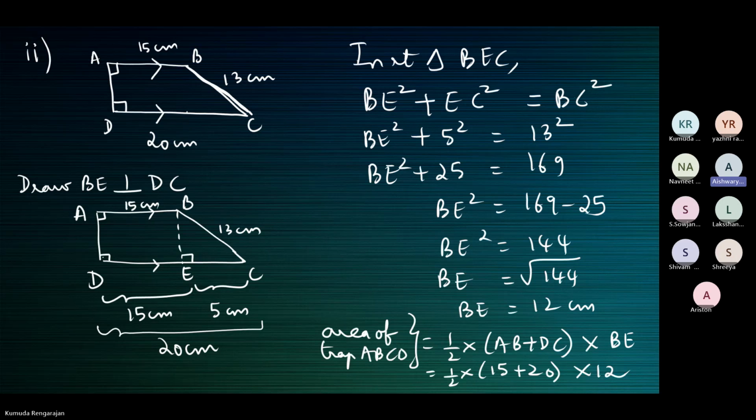Ma'am, over here, half into sum of parallel sides into distance between them. Distance between them is basically the altitude here, right? Yeah, the altitude from the vertex B to the opposite side DC. The term altitude is used only in a triangle. Here it's the perpendicular from the vertex B to the opposite side DC.